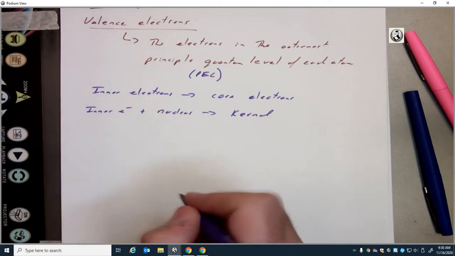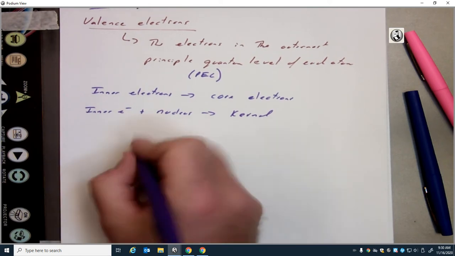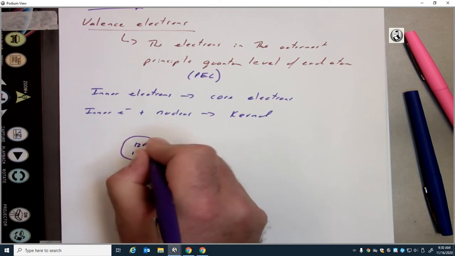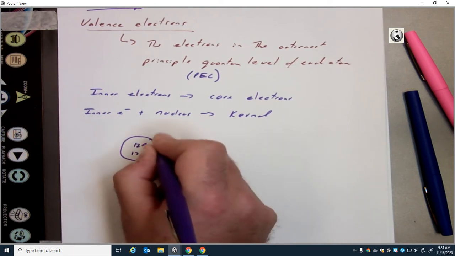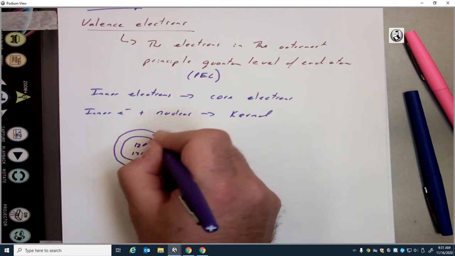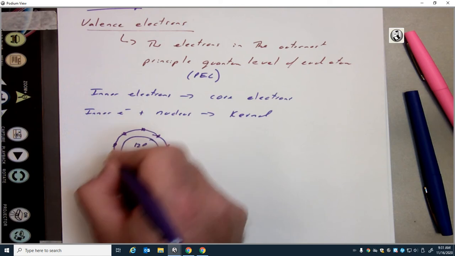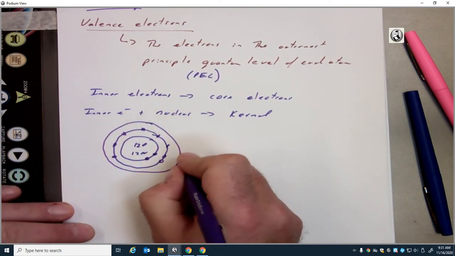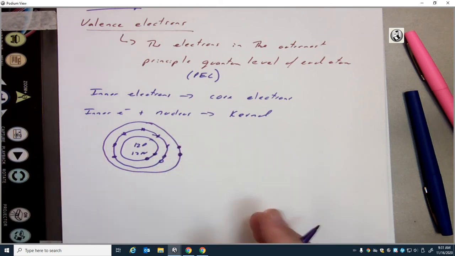So, I don't know, let's look at magnesium. It's got 12 protons, 12 neutrons, 2 in the first, 8 in the second, and then finally 2 in our third.